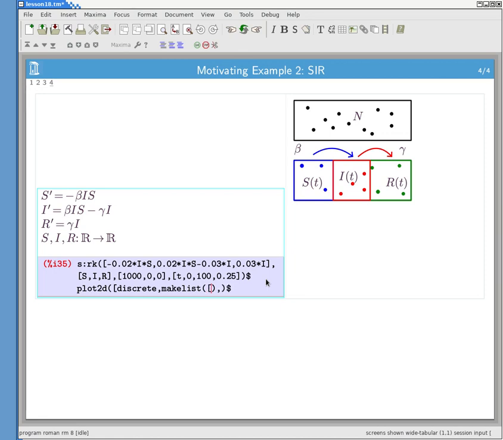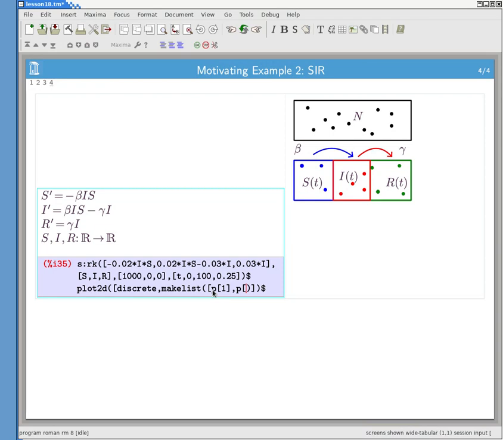We will make a list of the following. The first element of that list is going to be the time values.